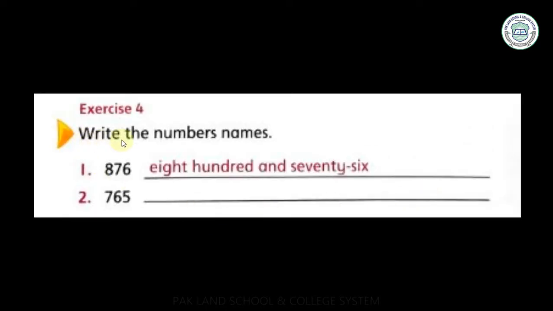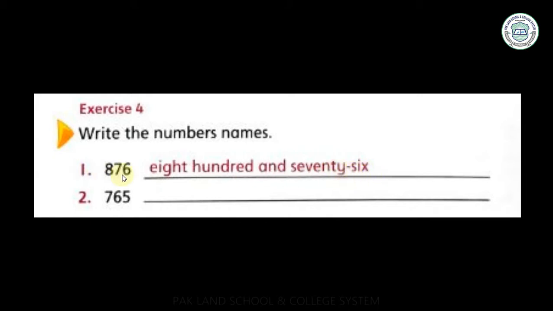The next topic is writing the number names. The standard form is given, so we have to change these numbers into word form. The first example is 876. We write with the spelling as in this example: 8 eight, 100 hundred, and 70 seventy, 6 six.